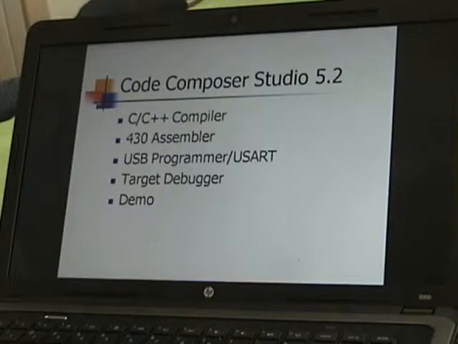So in the 430 eForth, I was using the IAR IDE, which basically is a nice assembler. But now the IAR free version limits you to a 4 kilobyte footprint, and that's not enough for the eForth.